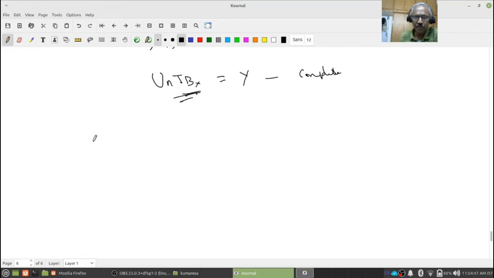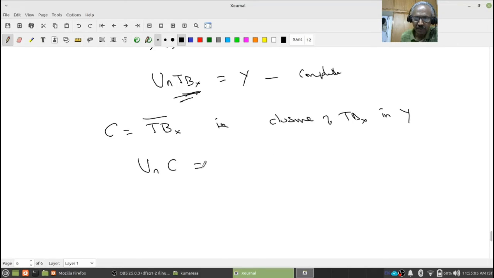So what do I do? We take C to be the closure of T(B_X). This is the closure in Y. Then what I have is the union of n times C is all of Y, where n varies over natural numbers.